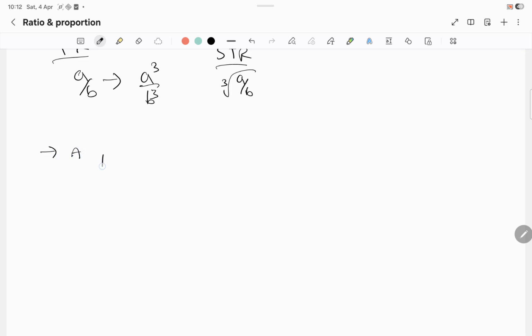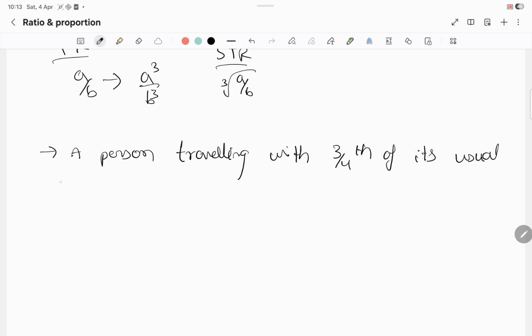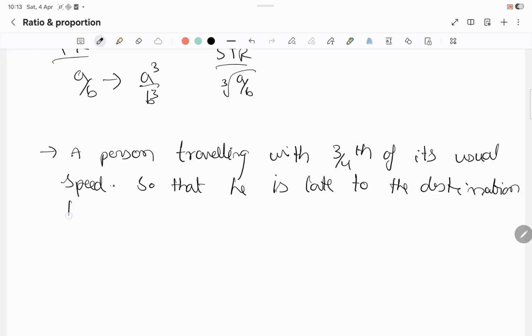Suppose a person goes traveling with 3/4 of its usual speed, so that he is late to the destination by 5 minutes.